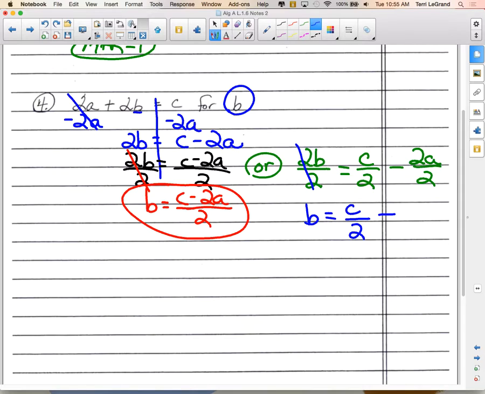Can I cancel these? Yeah. Why? Because there's multiplication. There's no addition or subtraction up here, it's just multiplication. So I can say, oh, I can cancel those guys. I can simplify that. And what do I get? A. Right? And that might be how I see the answer instead in an answer bank.